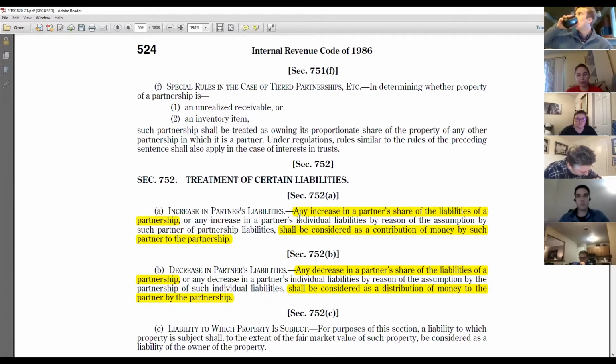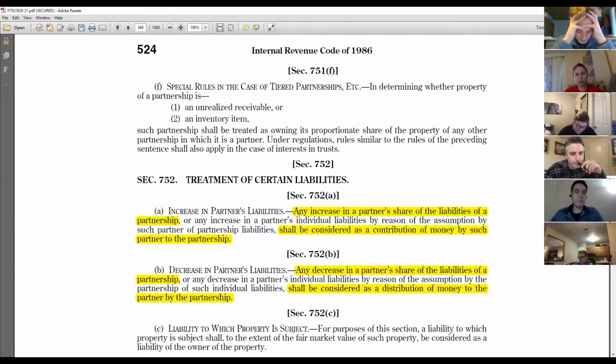We've talked earlier that S corporations are another flow-through entity. And from the 10,000-foot level, S corp, subchapter S, is similar to subchapter K, very similar in many major respects. One big difference is 752. There is no subchapter S corollary for 752.